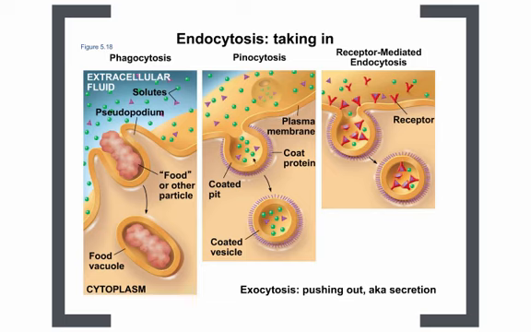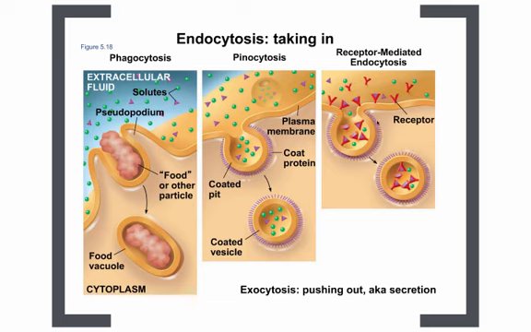That's all well and good if you want to just take in random molecules that happen to be nearby. If you want to be picky about what you're taking in, the cell uses receptor-mediated endocytosis. So same basic idea, but in this case, the cell has receptors binding to molecules that the cell especially wants to pick out of the mixture in the area. So those ligands bind to the receptors attached to the membrane.